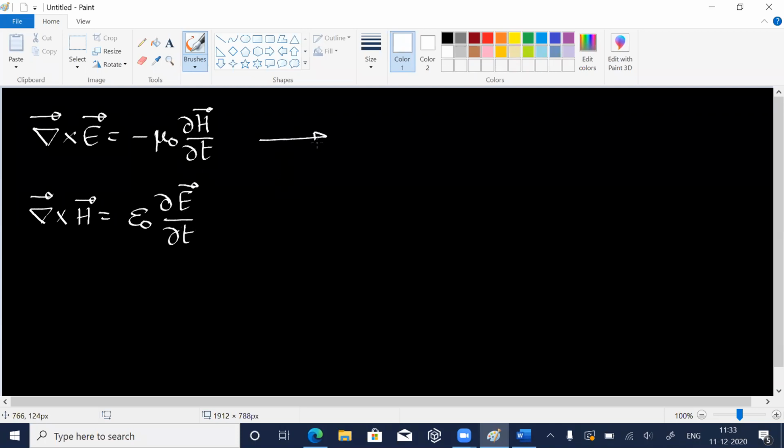I write this in phasor form, and I will tell you a little bit later what this phasor form is. So now curl of E, wherever you have dou by dou t, replace that by j omega.